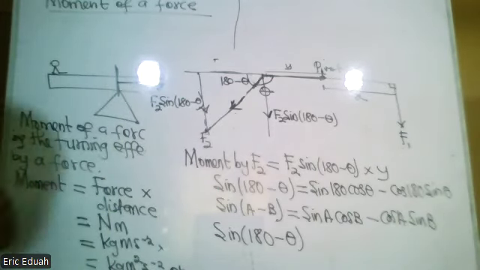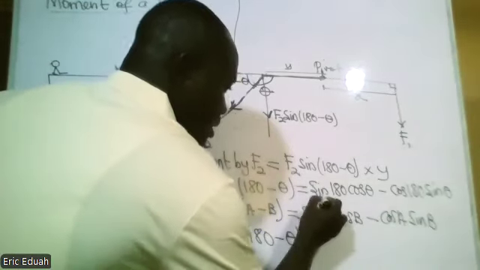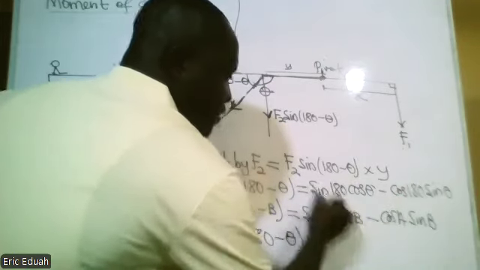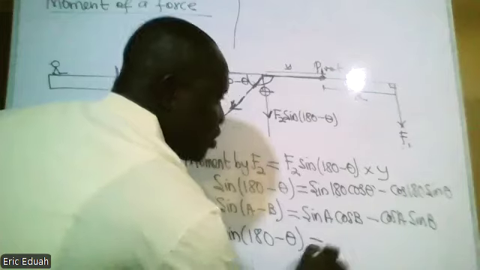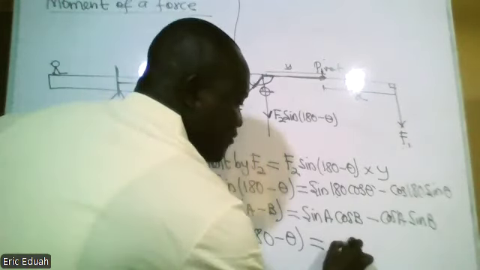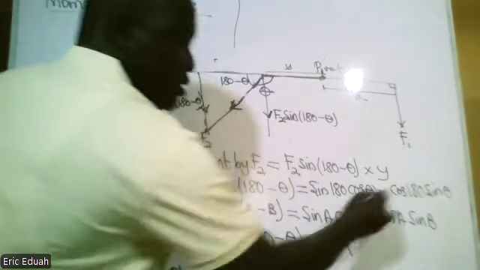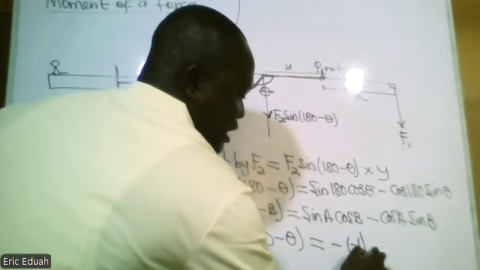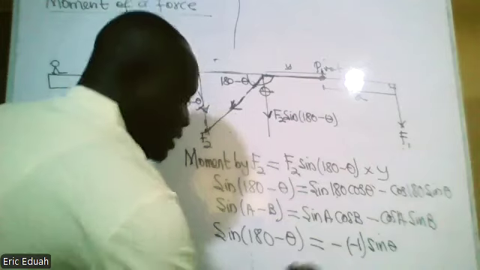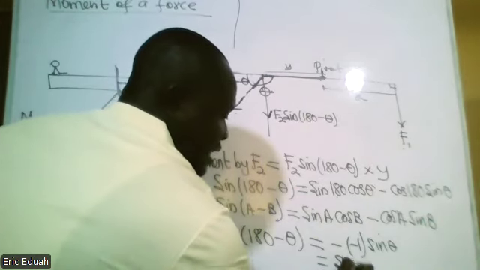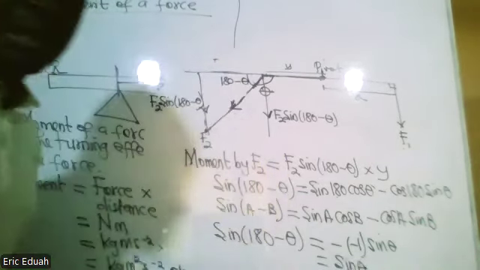So if sine 180 is 0, then the whole of this part goes to 0. Cos 180 is negative 1, so negative 1 times sine of theta, which is equal to sine theta.